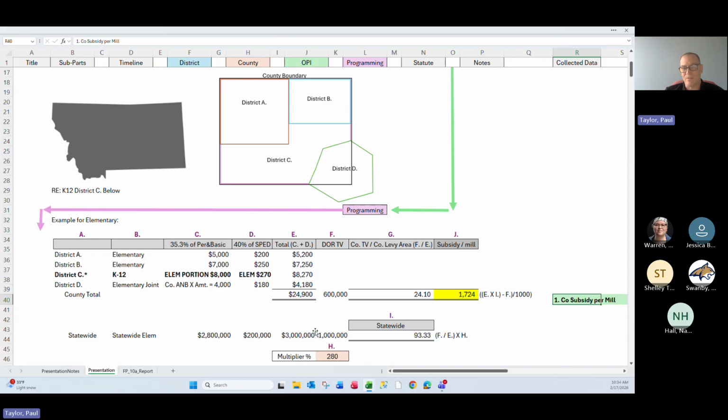But this time, instead of just doing that piece, notice here, F divided by E, F divided by E. Now this time, what we're going to do is multiply it by H. What that does is figure the taxable wealth of the state divided by the levy area, but by multiplying it upward, it makes the state value feel as though it's overly inflated, higher than what it normally would be.